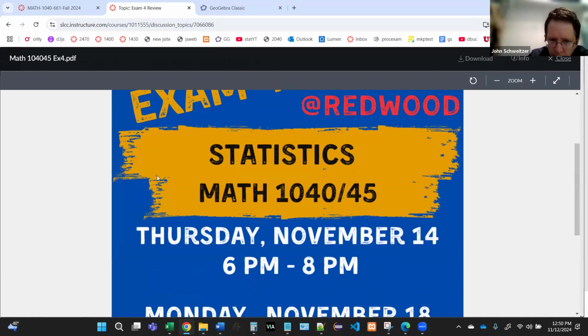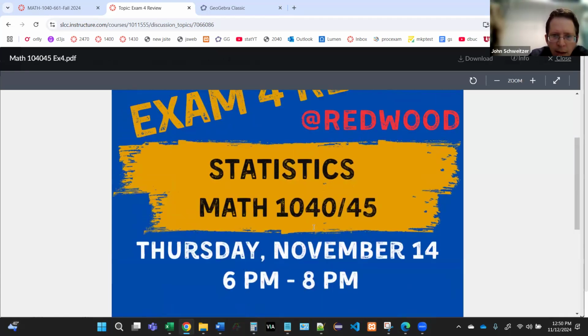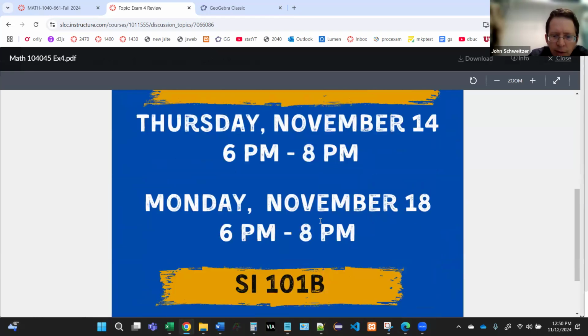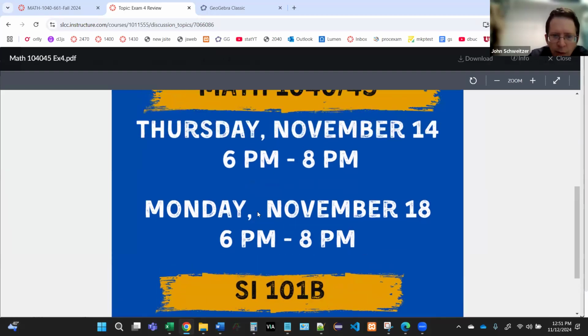Okay, so yeah, on this Thursday, they have one from 6 to 8. This one is at the Redwood campus, and it should be in SI 101B. Sometimes they do change these at the last minute, so if you get there and nobody's in that room, just go and talk to the person there at the desk for the STEM Center, and they'll send you in the right direction. Okay, so go to that if you can.